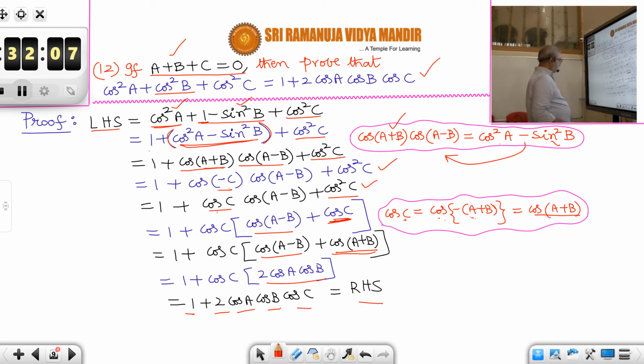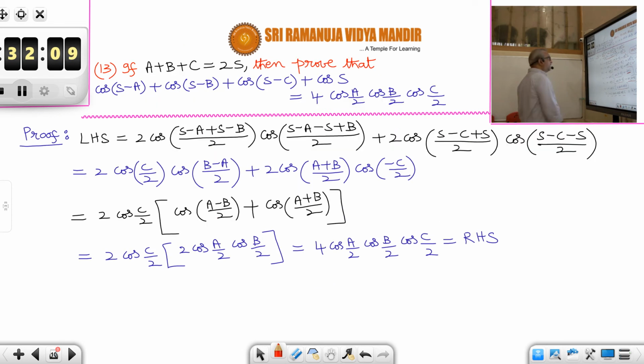Okay. Next identity, let us see conditional identity. If a plus b plus c is equal to 2s, s can be any number. S can be 90 degrees, 270 degrees, 360 degrees, 180 degrees, 0 degrees, whatever it may be.